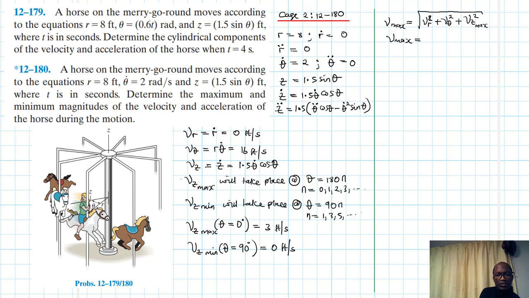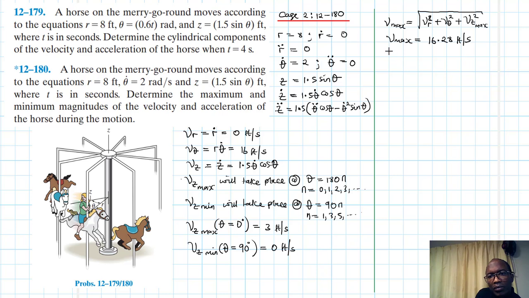We plug in those values: that's 3 squared plus 16 squared plus 0, and then the square root of that gives 16.28 feet per second.